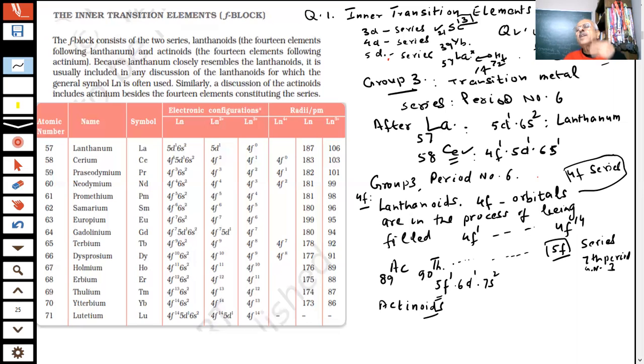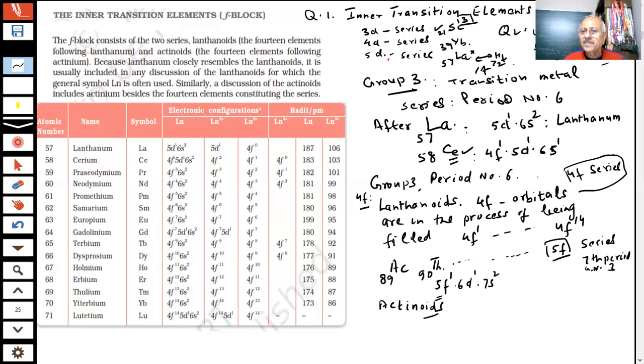When electrons enter into the s orbital, you call it s block; when the outermost electron enters the p orbital, you call it p block element. When the outer electrons enter the d subshell, you call it d block. And when the outer electrons are entering the f subshell, or the f subshell is in the process of being filled, that will be called f block elements.